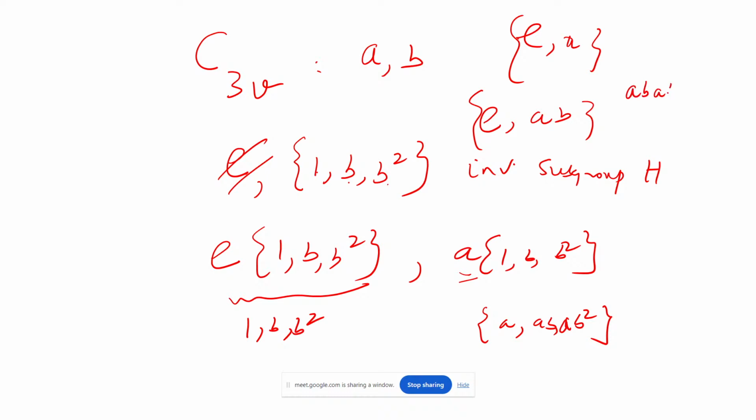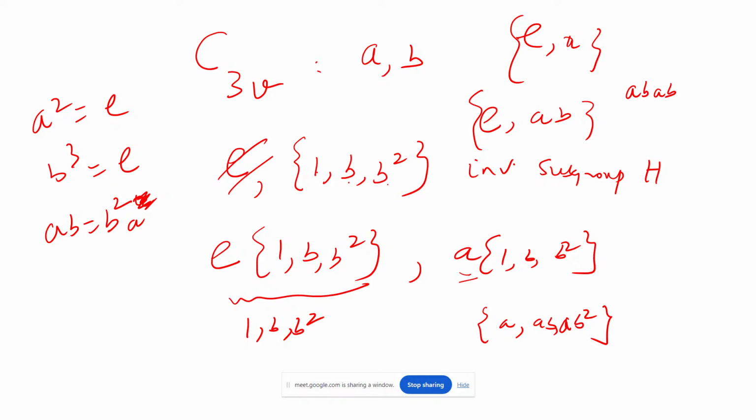AB, AB, and BA is AB squared. What are the properties? A squared is identity, B cubed is identity, and BAB is A, so AB is B squared A. Yes, that's correct.